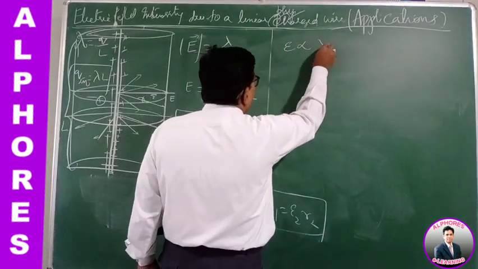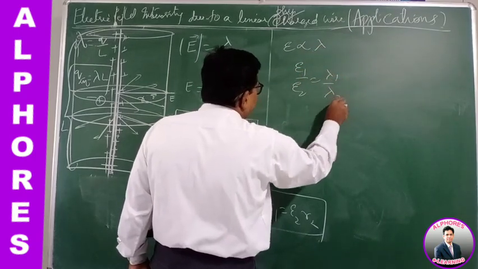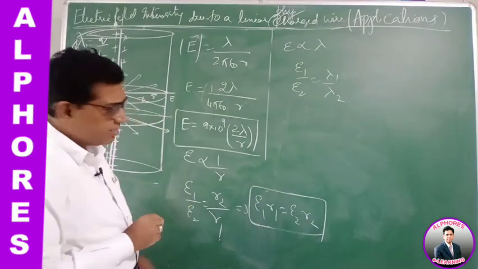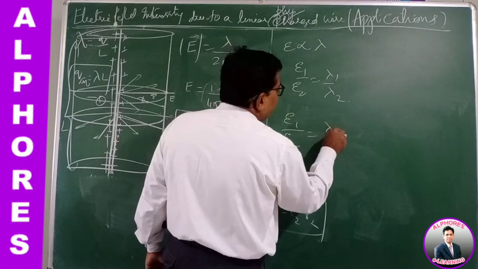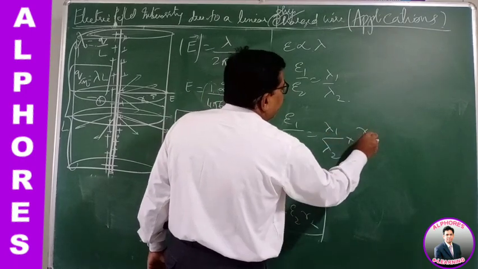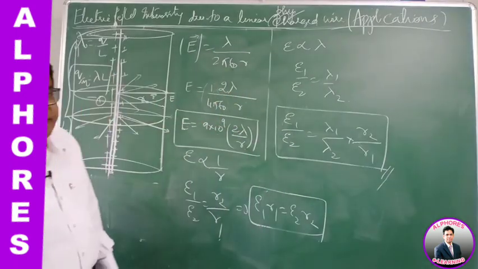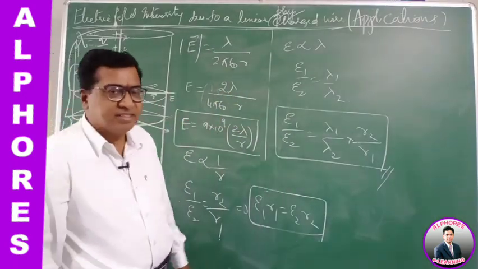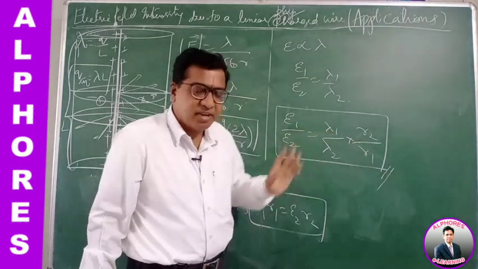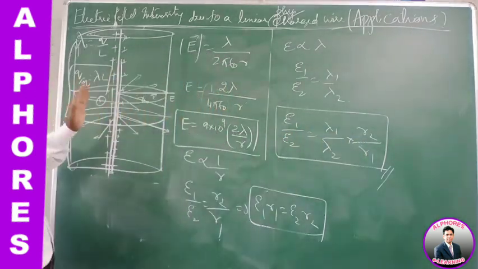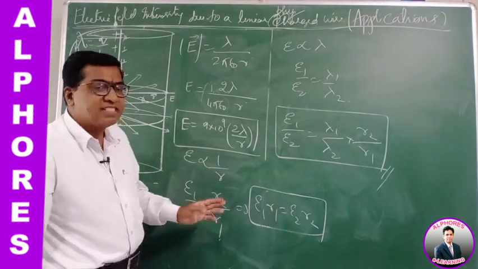E is directly proportional to lambda, so E1 by E2 is lambda 1 by lambda 2. Combining both, E1 by E2 is lambda 1 by lambda 2 into R2 by R1. This is the variation of the electric field, comparing two different electric field intensities. So these are the factors affecting the electric field intensity of a linear charged conductor.